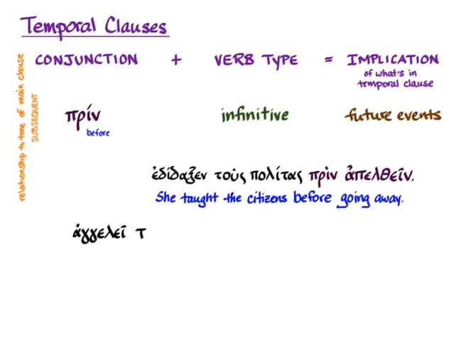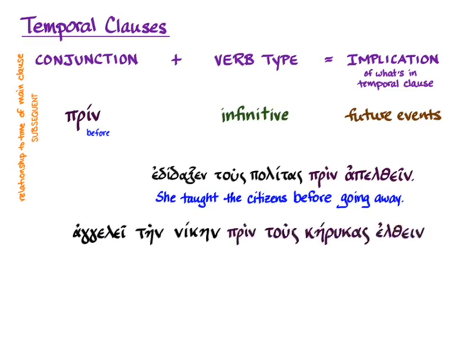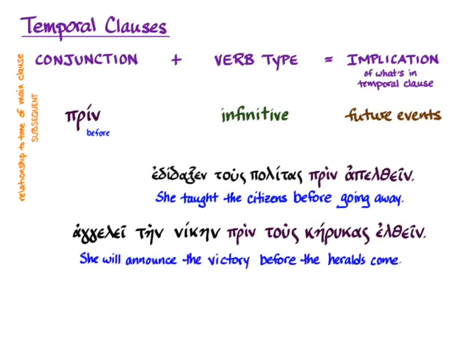So an example might be angelei ten niken, prin tous kerykas elthein. She will announce the victory before the heralds come, and there tous kerykas is in the accusative to be the subject of elthein.